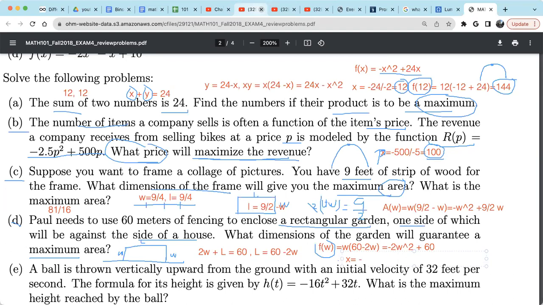What's our b? B is 0, right? Okay, I have a negative 2W. Oh, hold on. I made a mistake. B can't be 0.